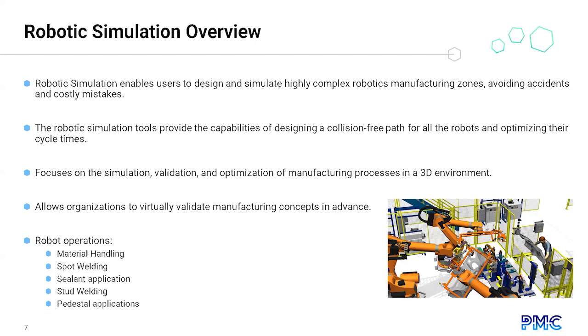So here we make sure that we won't have any kind of collision, and we will avoid accidents. And if we locate any kind of interference, then we can adjust the trajectory of the robot or reposition the robot, all of this while we are in a virtual environment. So we will avoid all these costly mistakes.